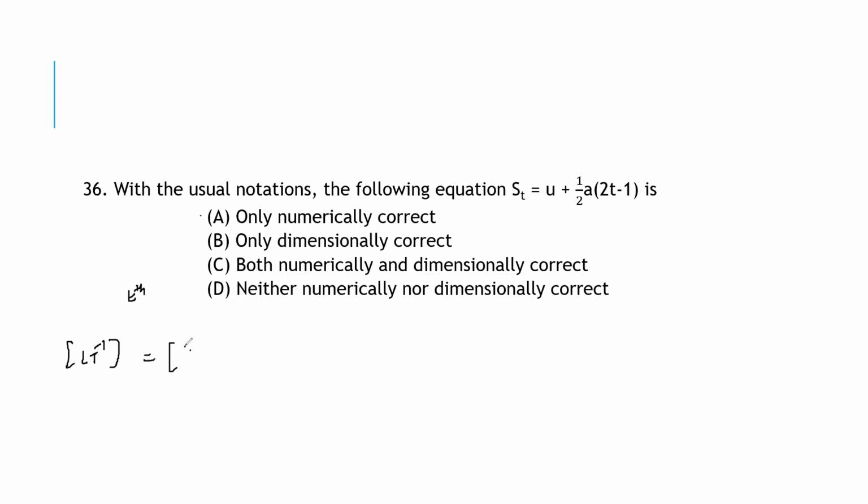Now you write for u velocity, it is L t raised to minus 1, plus half, nothing is there, therefore acceleration L t raised to minus 2, and here it is time, therefore it is t. If I simplify this, it is L t raised to minus 1 plus L t raised to minus 2 into t, which is written as L t raised to minus 1 itself.